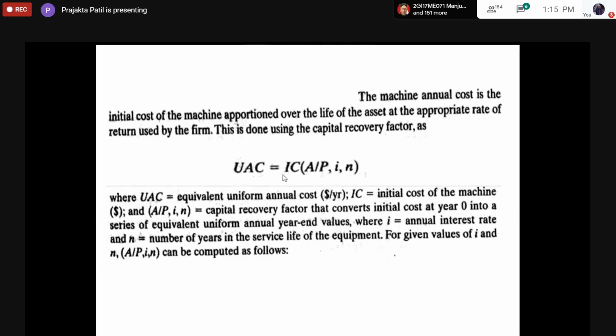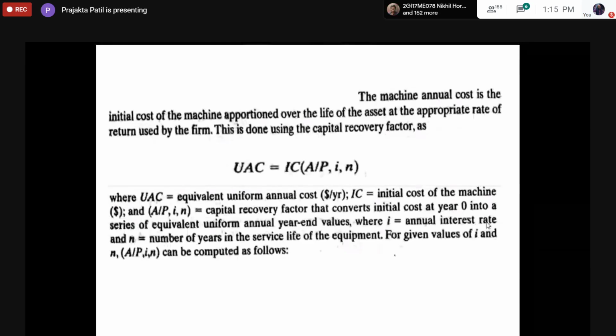This is given by IC, that is the initial cost of that particular machine, into the capital recovery factor, which is given here in the bracket. This capital recovery factor converts the initial cost at year 0 into a series of equivalent uniform annual year-end values, where i is the annual interest rate and n is the number of years of service of that equipment.